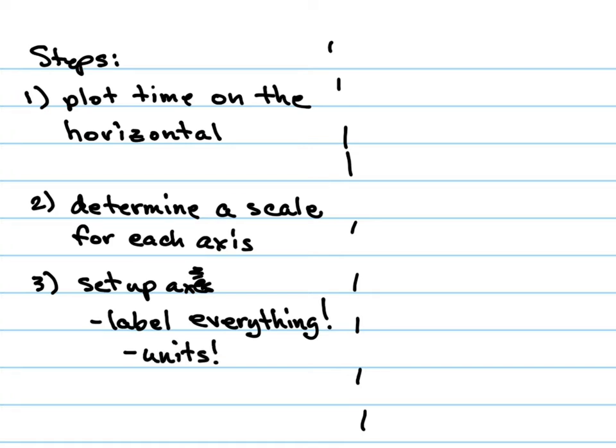So keep that in mind. Okay? And then we'll simply plot the points. Each piece of data is going to get a point where you go to the right to the correct time. So say it was days of the week, you'd go to Tuesday, for example, and then you're going to go up to the right piece of data.